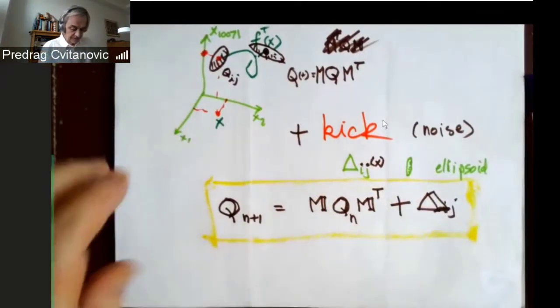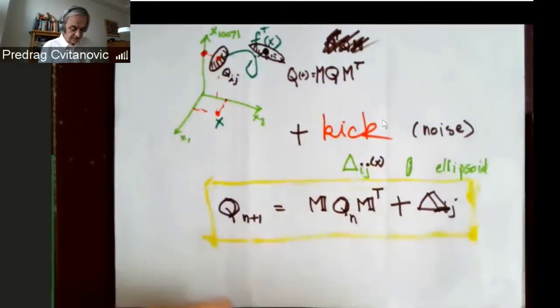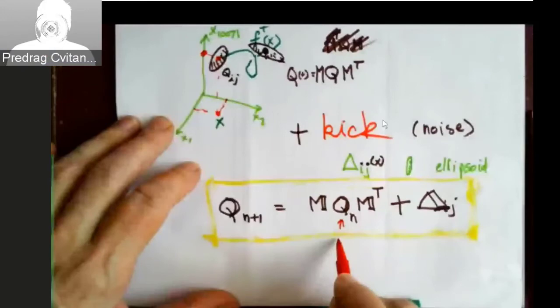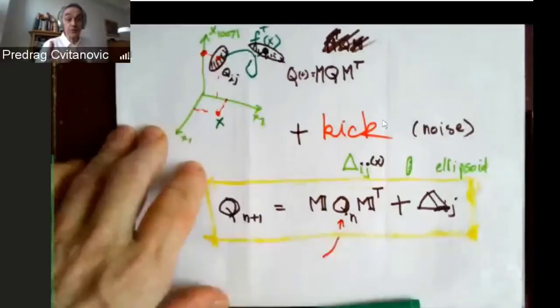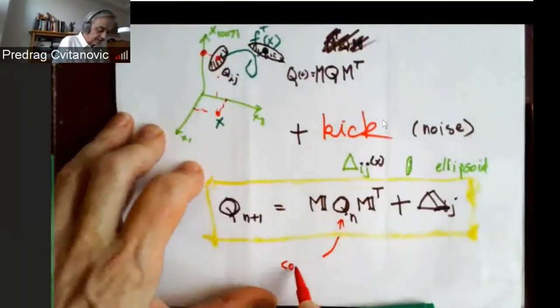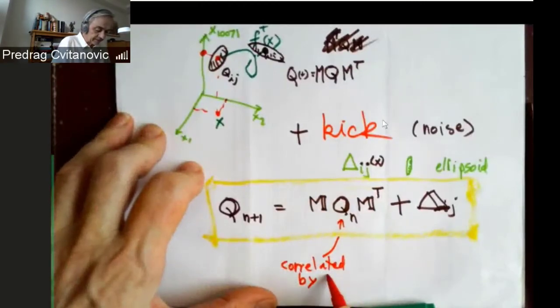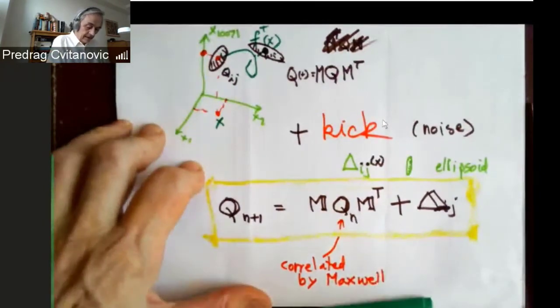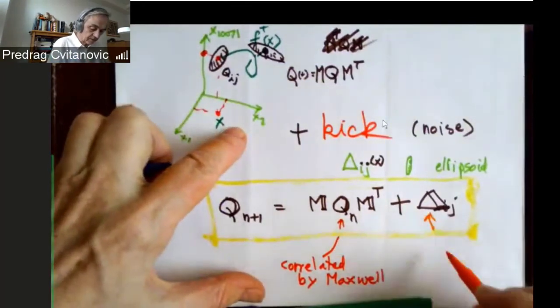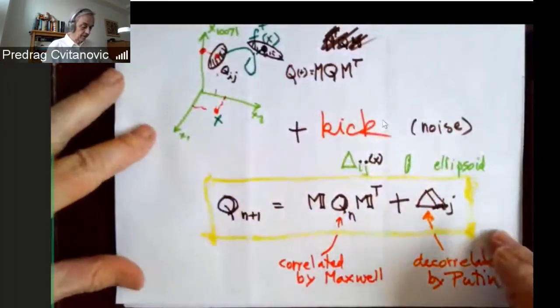So the way it works is that there's a correlated part of it because deterministic laws are absolutely correlated. I have an absolutely correct result afterwards. So this is the correlated part, by, let's say, Maxwell or somebody. And this one is the extra noise, which we cannot control. Whatever is producing the noise in the system.